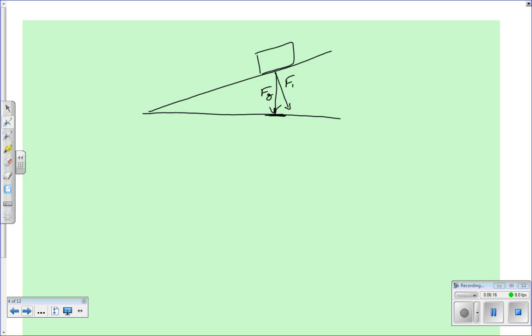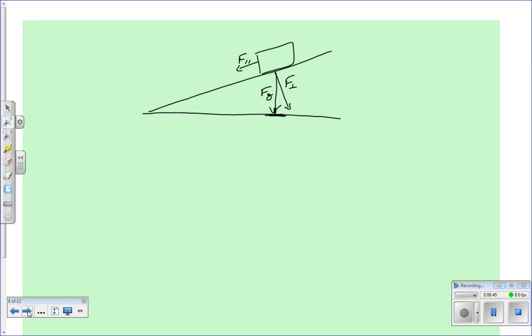We call that F perpendicular. It's pretty clever. Part of its weight acts parallel to the inclined plane. We call that F parallel. We can take the parallel component and move it down here to close off this right triangle.